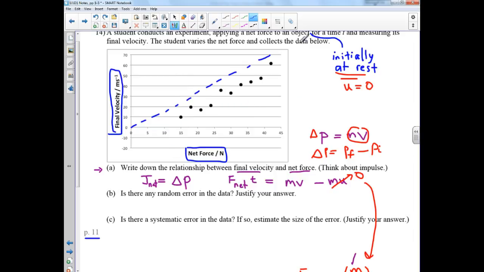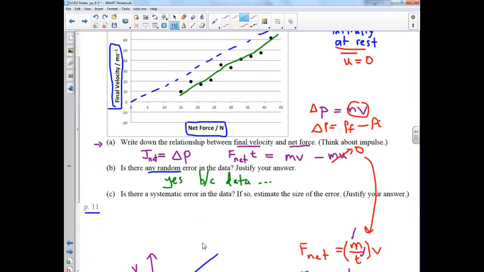Alright, so now we can do our analysis. Is there a random error? Well, look at that fluctuation. I mean, this data is fluctuating around a line that looks something like this. So maybe that's the best fit line, and it's fluctuating. So yes, because the data fluctuates above and below the best fit line, or something along those lines.